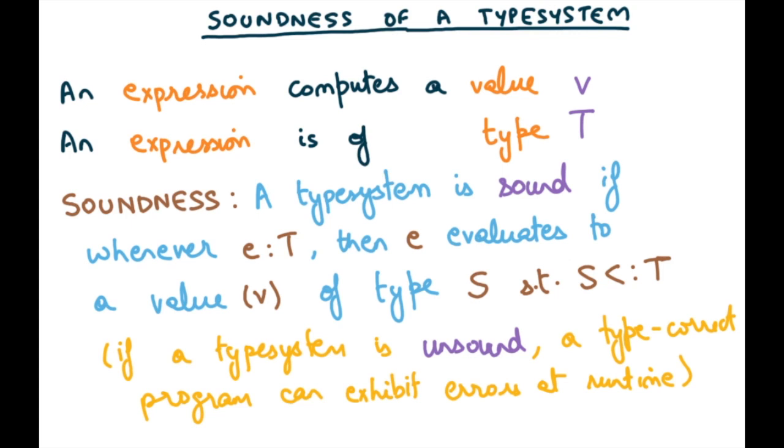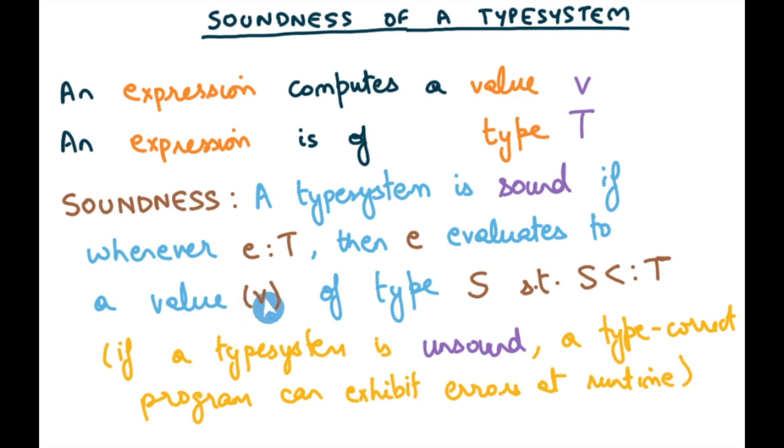We say that a type system is sound if whenever E is of type t, as determined by our typing rules, then E will always evaluate to a value v1, v2, v3, whatever it evaluates to, whenever it evaluates.